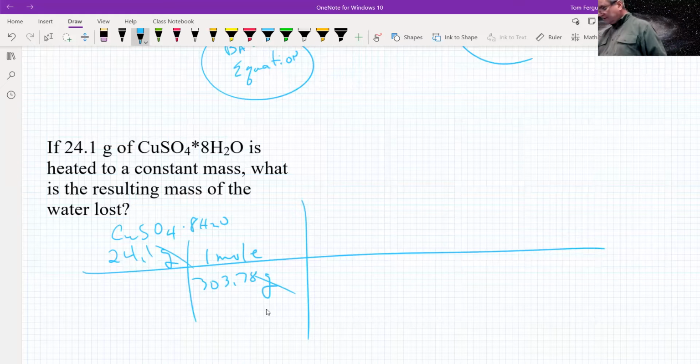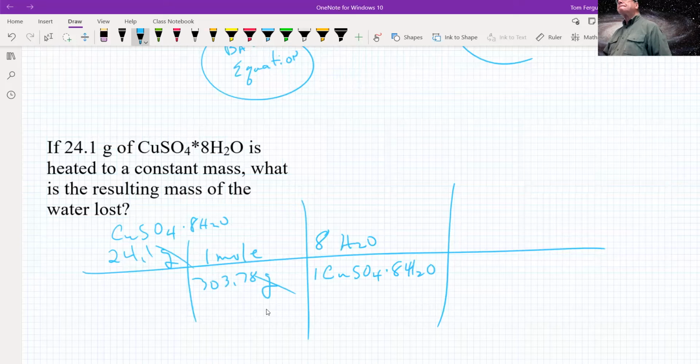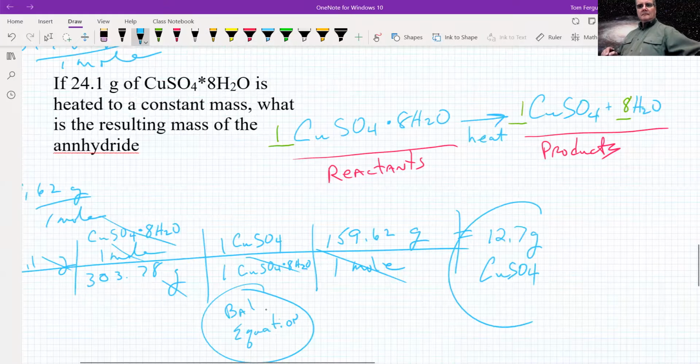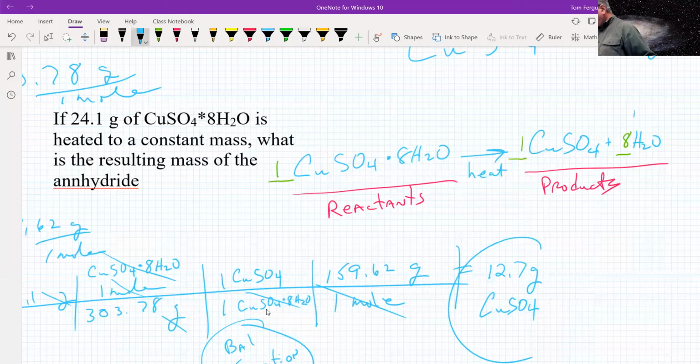Copper hydrate has to cancel, so it needs to go on the bottom here. Only we're working with water now, and the water coefficient is 8. Do you see where I got the 8 from? The 8 is right here.